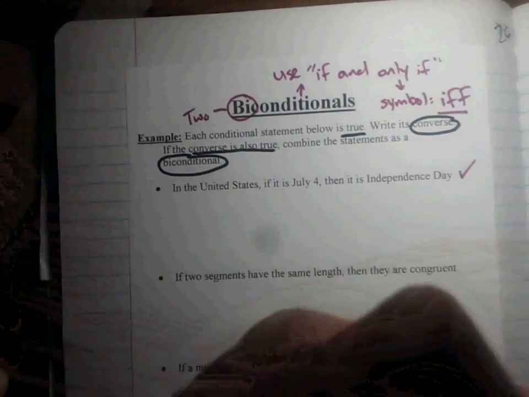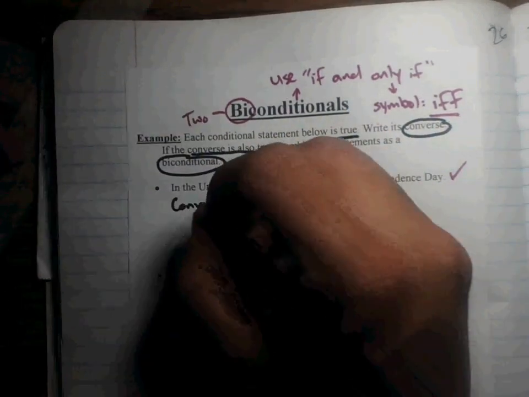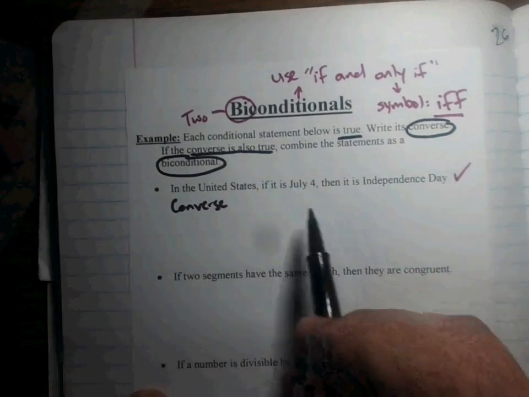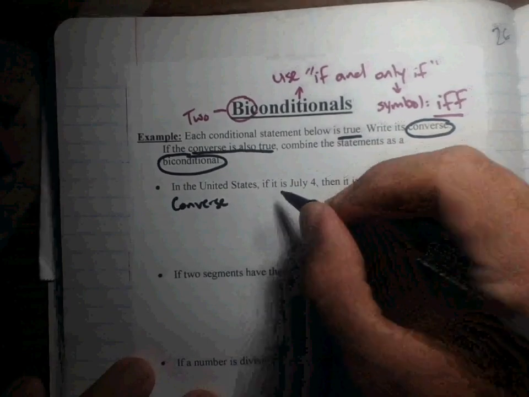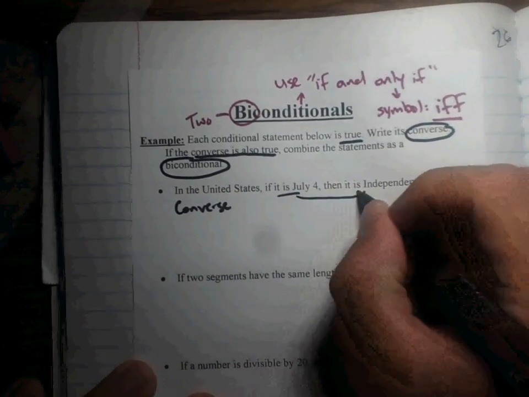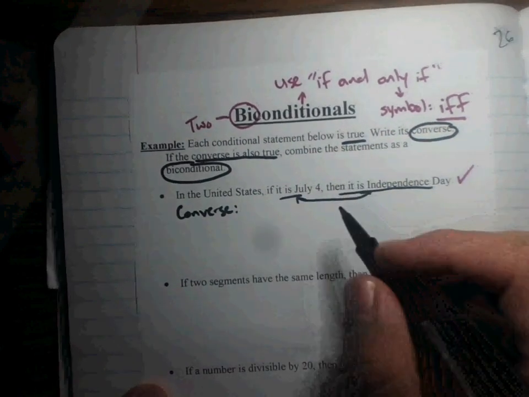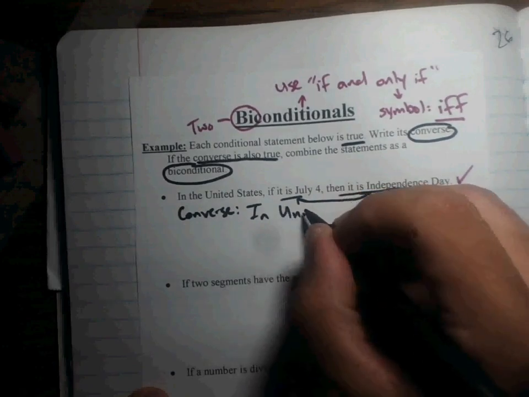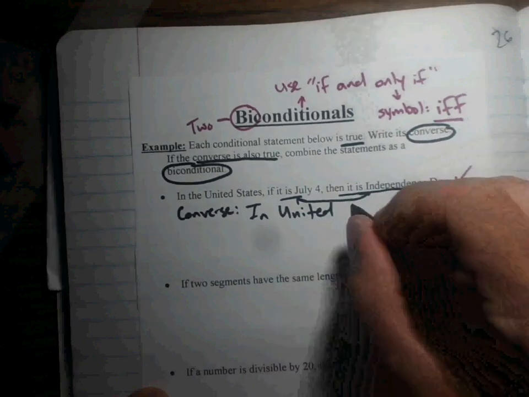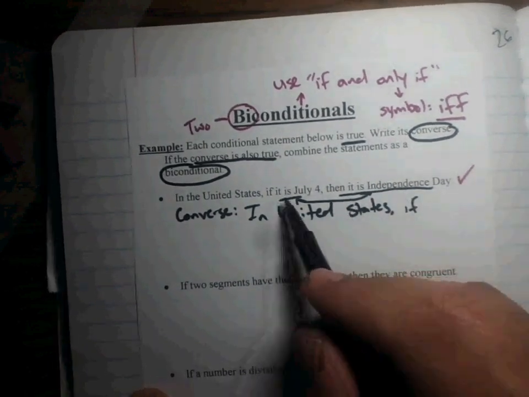So the converse of this statement, remember the converse, you just flip the if and then statement, right? You switch this with all of that. So in the United States, if, right? So again, we switch these two.